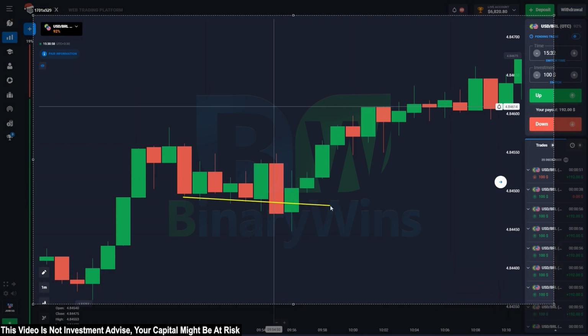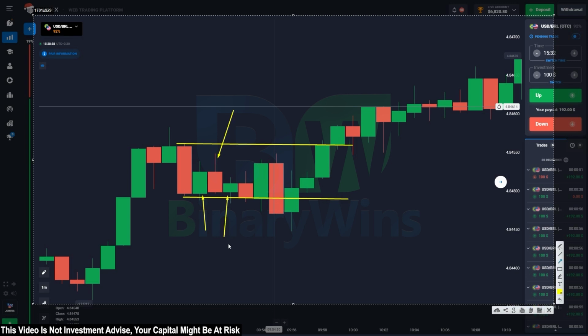Look here. A green candle, then a red candle, and we could enter a higher trade in the next candle. This candle is a WRB candle.